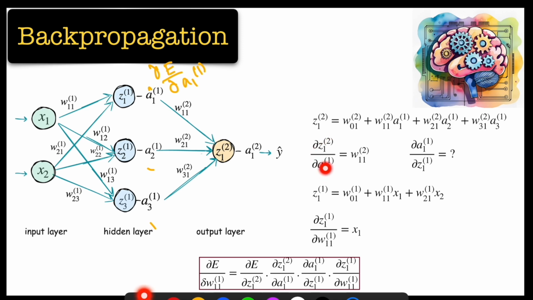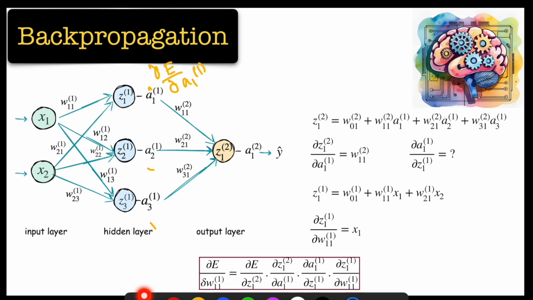Del z12 del a11, what is it? a11 appears only here, in all of these terms only here we have a11. So del z12 del a11 is W112. What is del a11 del z11?